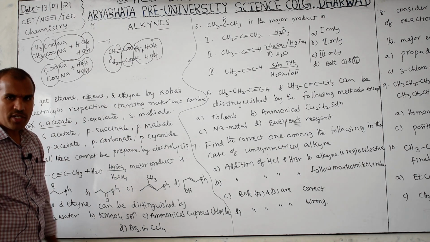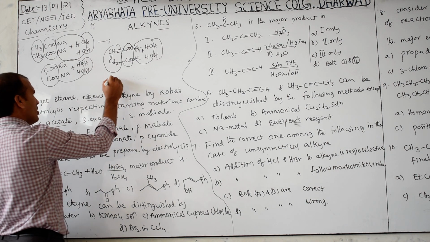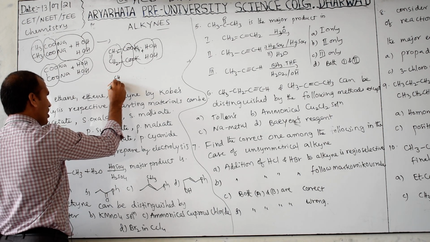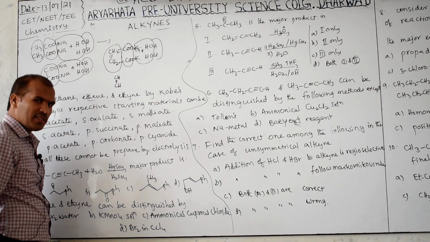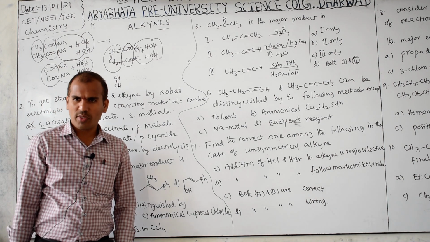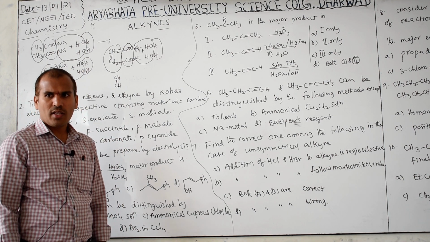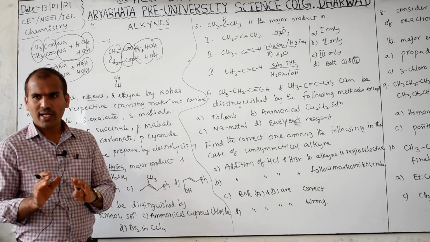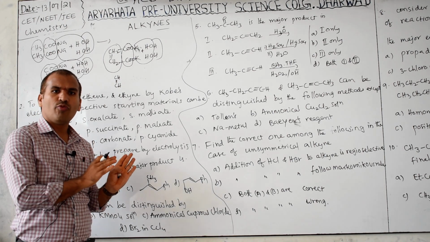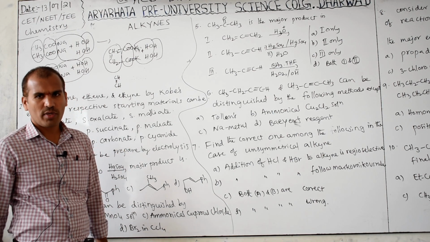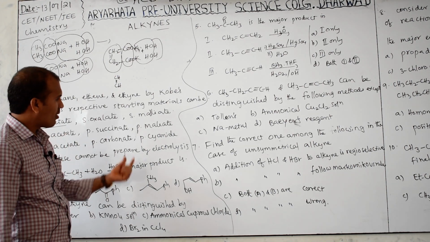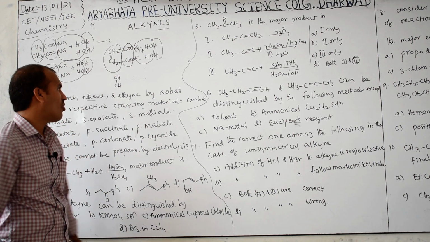Next, potassium maleate. This is also, you know, CH double bond CH. I gave this in geometrical isomerism: cis form is called maleic acid, trans form is called fumaric acid. You can check in your geometrical isomerism. So here maleate is there, meaning the salt form.